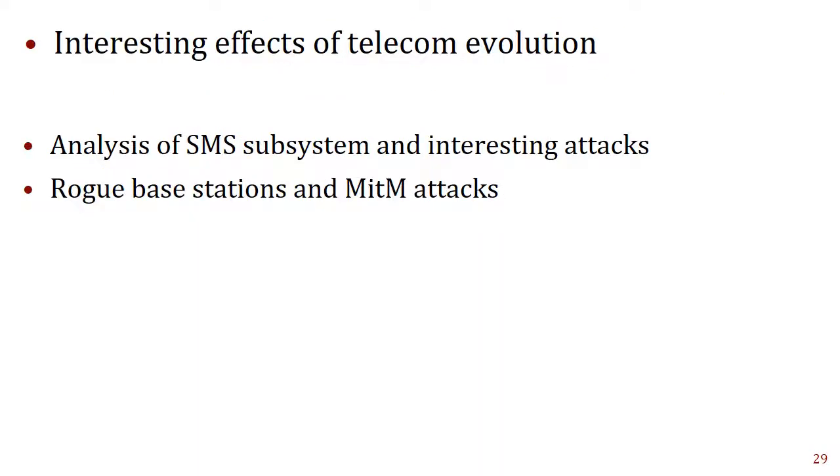So next we'll talk about interesting effects of telecom evolutions. Especially, we'll do analysis of the short message subsystem and interesting attacks. And also, we will talk about rogue base stations and man-in-the-middle attacks.